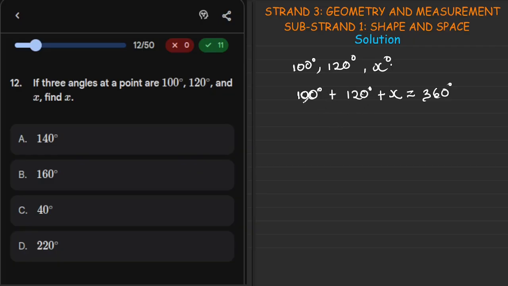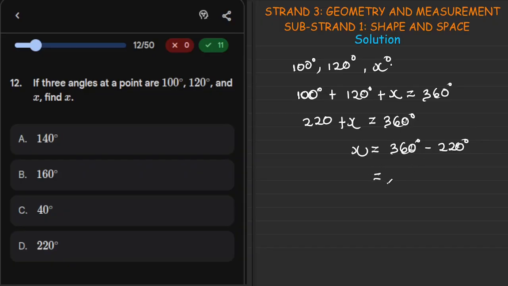Making X the subject, we have 100 plus 120, which gives us 220, plus X, and that should give us 360 degrees. So our X is simply 360 minus 220.